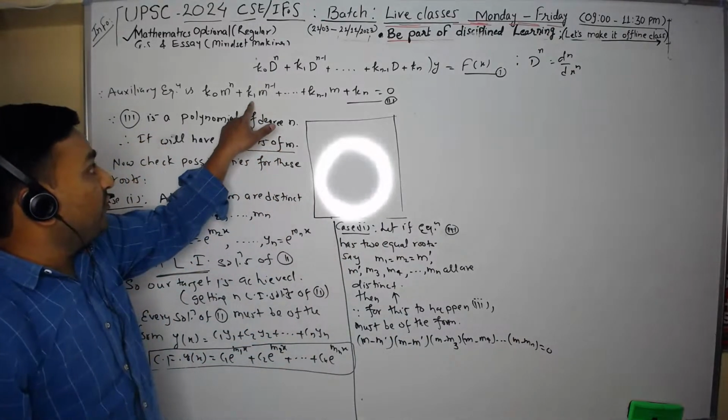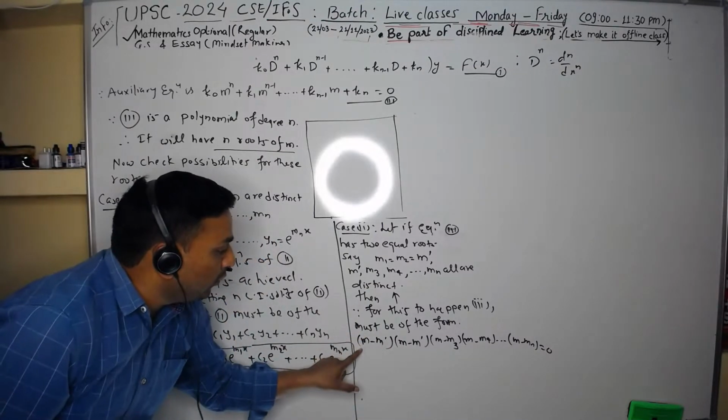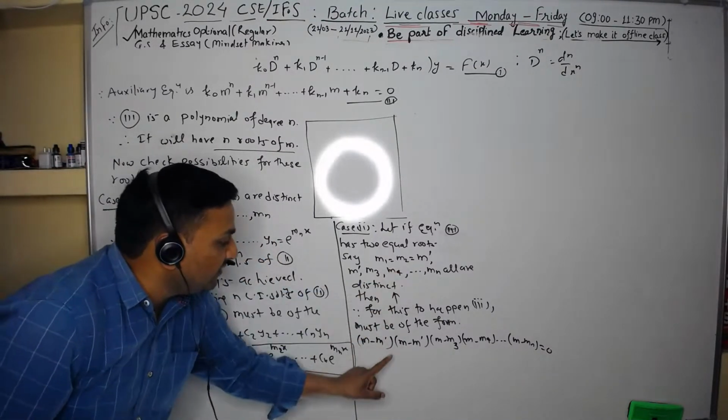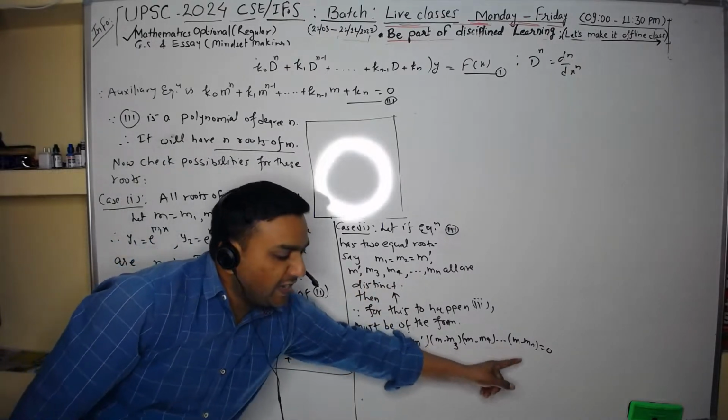If equation 3 is of this form, then only you are going to get m equals m dash, m equals m dash, and m equals m3, m4, ..., mn.